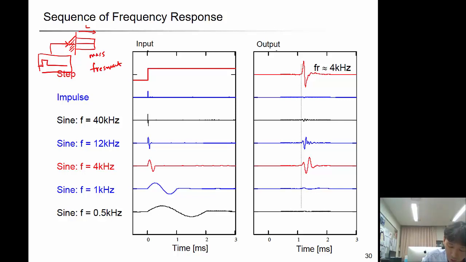So the resonant frequency of the bender will be a function of mass, the protrusion length, and also the soil stiffness.